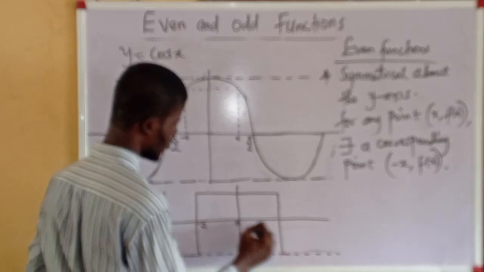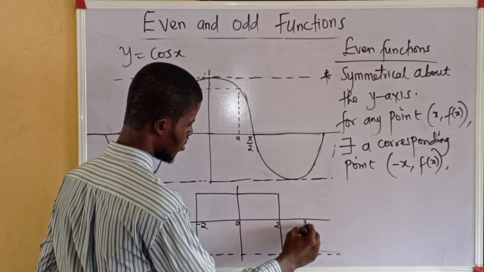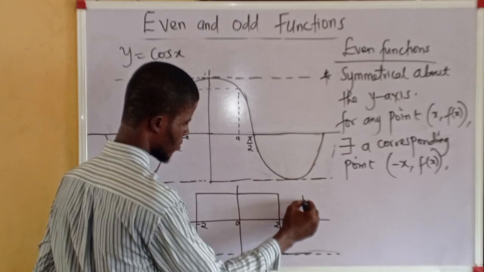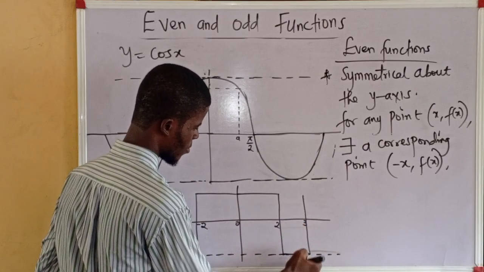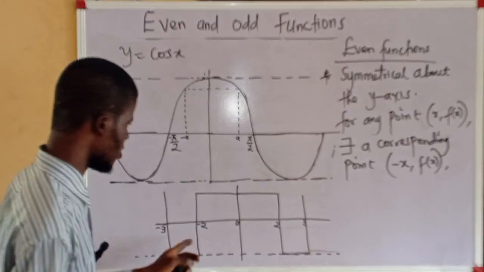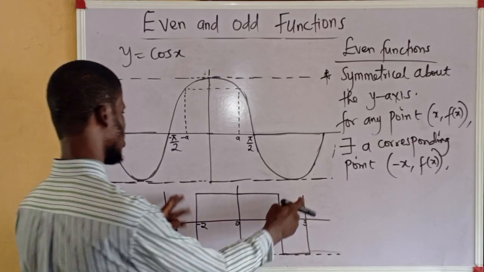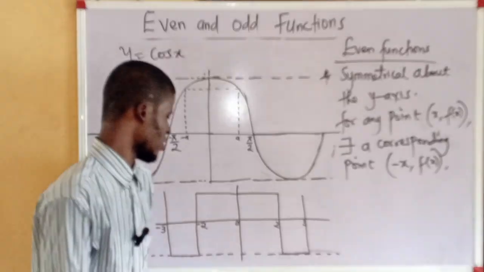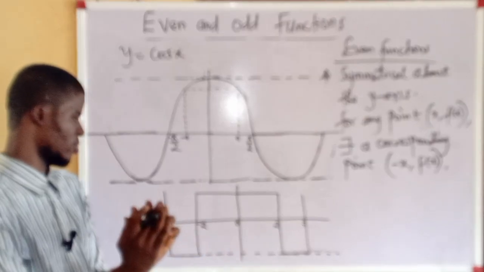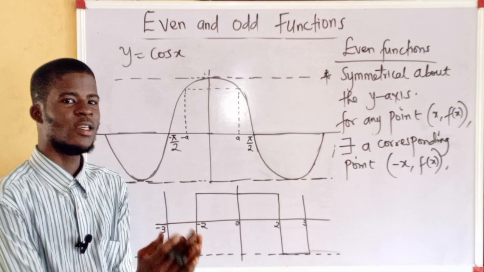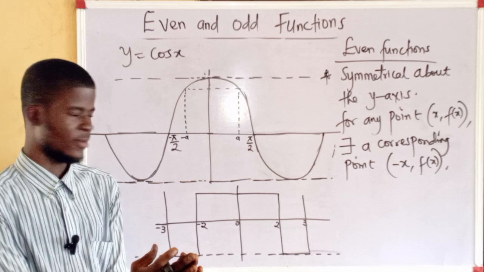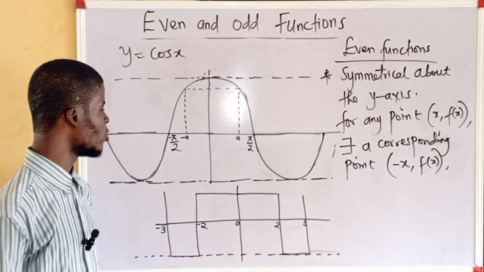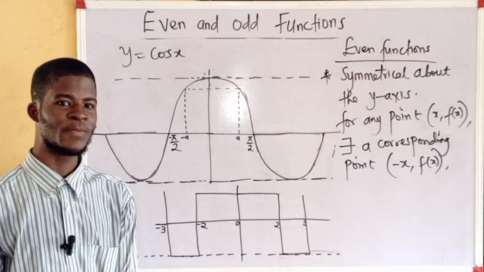So we have 0, 2, 3. All right, so you get the point. Let's assume this is a perfect graph. These two sides have the same size. If I close it, if I overlap it, it will overlap perfectly. It will close completely the two sides. So this is it for even functions.